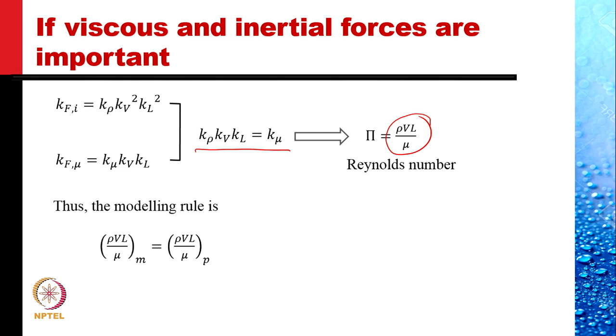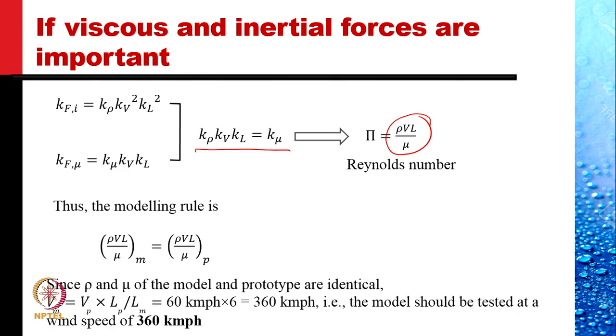Thus, the modeling rule is the Reynolds number for the model should be same as Reynolds number for the prototype. Since rho and mu of the model and prototype are identical, since the fluid used is the same air, the model velocity is the prototype velocity times Lp divided by Lm, the characteristic length of the prototype divided by characteristic length of the model.